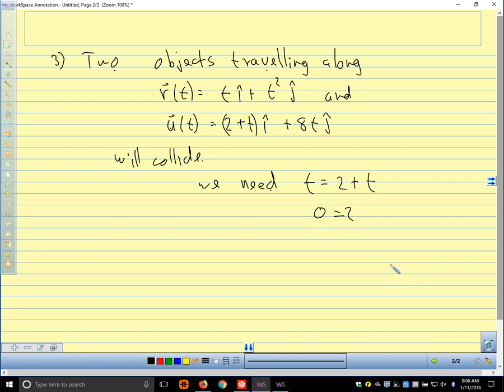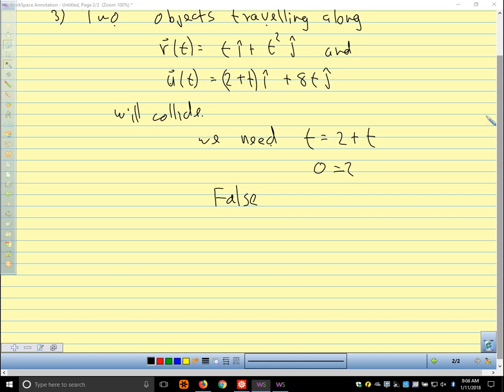That's no good. So this would be false. They do not collide. This line does not intersect that. What about if you said t squared equals... Well, so for them to collide, the x component and the y component have to be the same. Oh, okay.